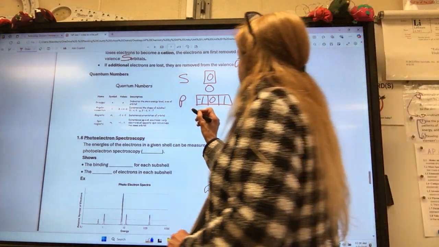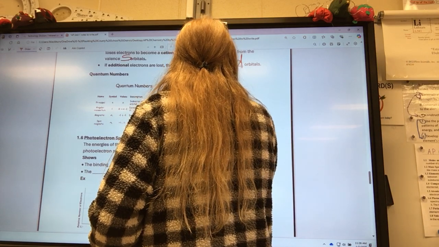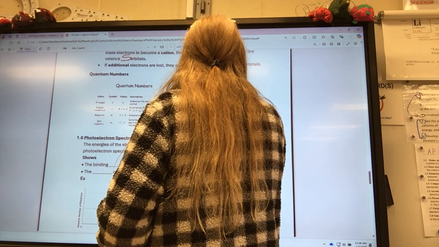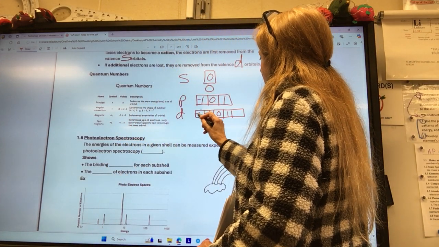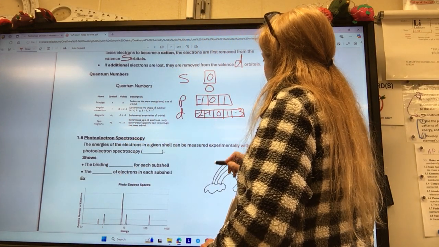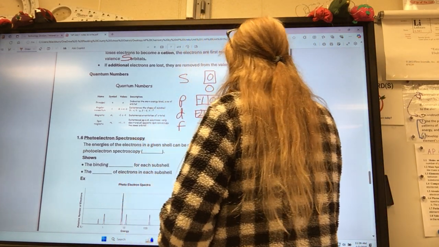And then d, you always do this same pattern. D's got 5. You put 0 in the middle, -1 on one side, +1 on the other, -2 on one side, +2 on the other. So that tells you your d's. And then your f, you do the same thing one more time.